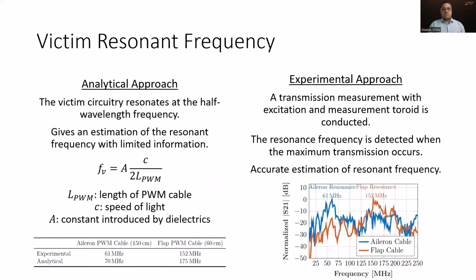Now, to detect the victim resonant frequency, the attacker can use either an analytical or an experimental approach. The analytical approach gives a good estimation of the resonant frequency with limited information. The only information that is required is the length of the PWM cable. The calculated analytical frequencies are 70 MHz and 175 MHz for the aileron and flap cable.